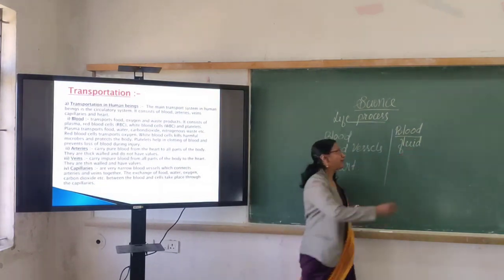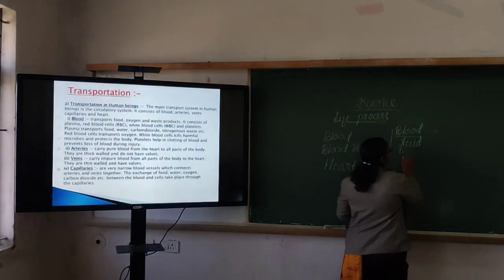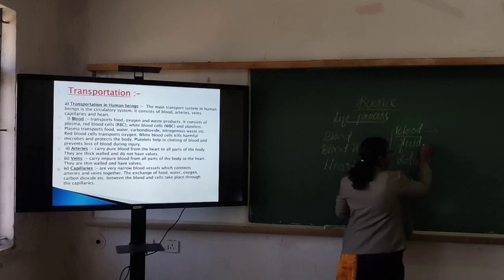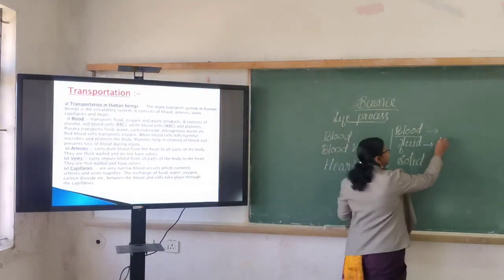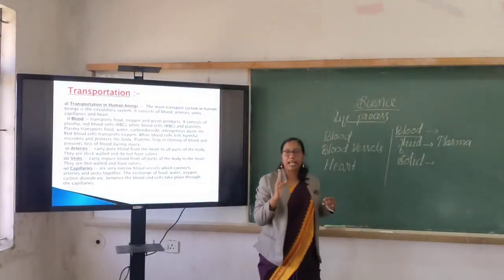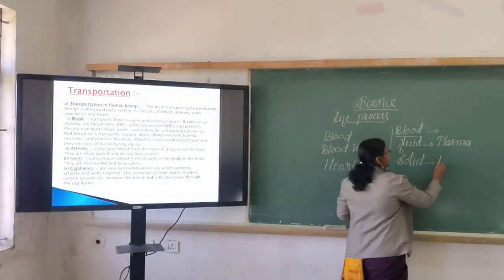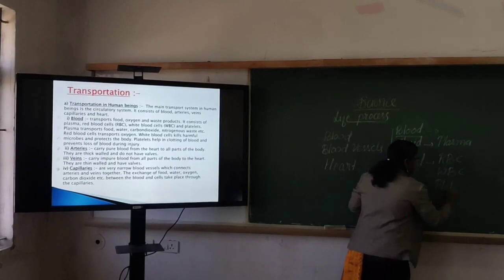Blood consists of two major structures, fluid component and solid component. The fluid component of the blood is called plasma, whereas there are three types of solid components, that is RBC, WBC and platelets.